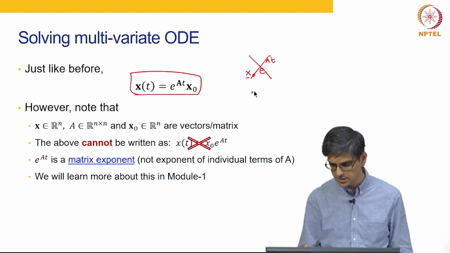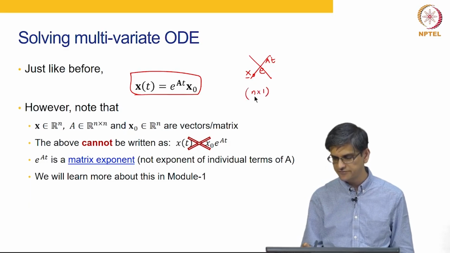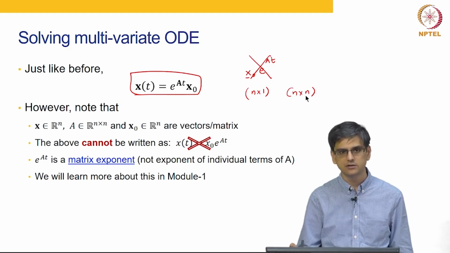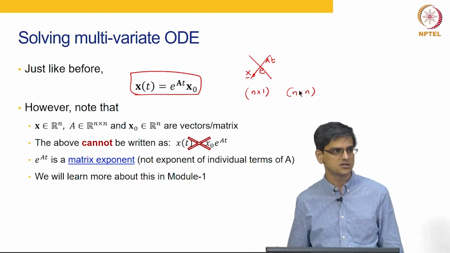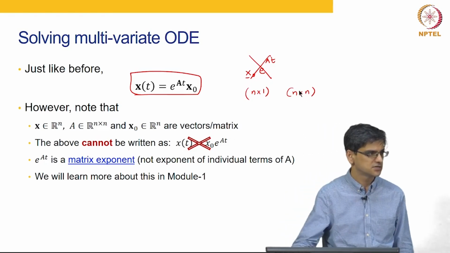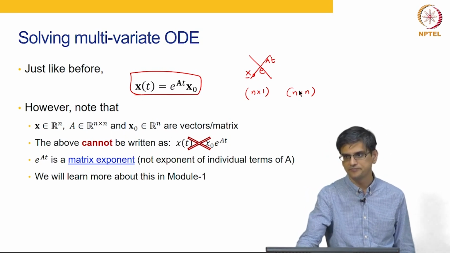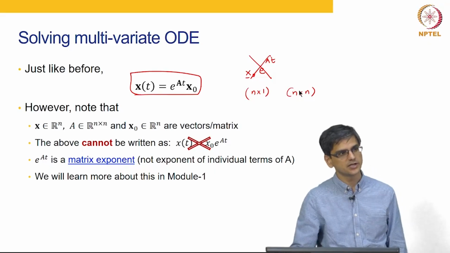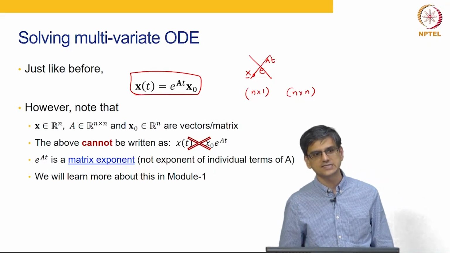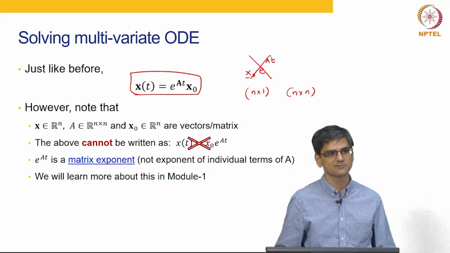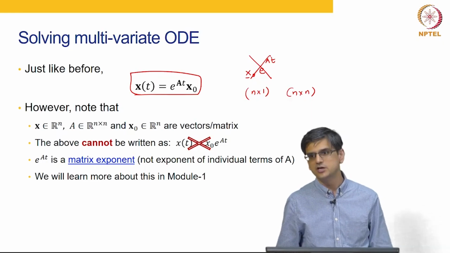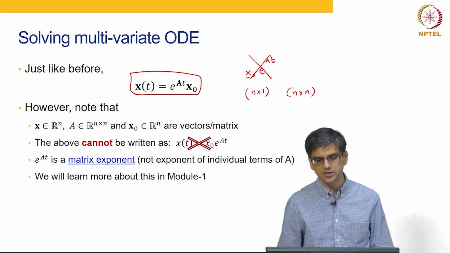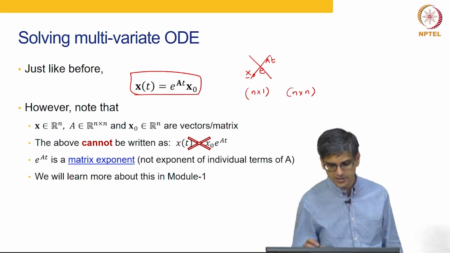Because x naught bar is an n cross 1 vector, and e to the power At is an n cross n matrix. You cannot multiply an n cross 1 vector with an n cross n matrix. This is an obvious place where you will make an error, but in vector or matrix calculus there are some blind spots where we do tend to make errors, so you need to be a little bit careful about those.